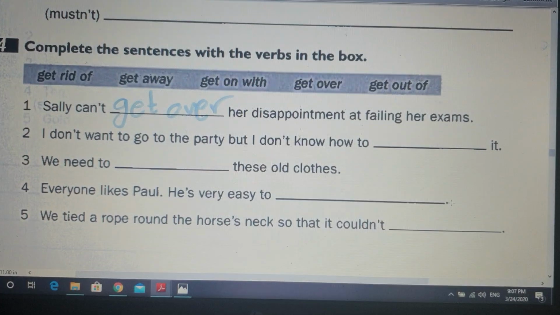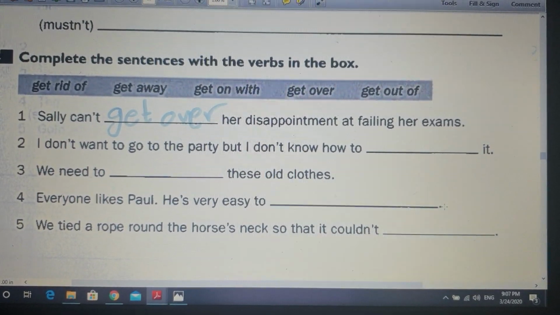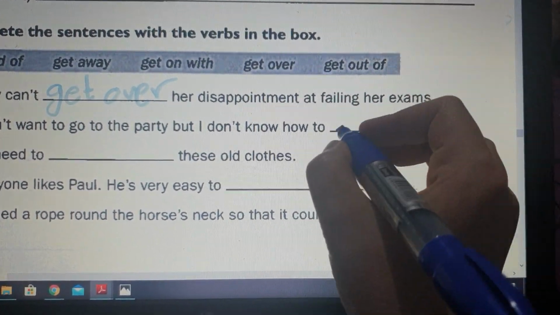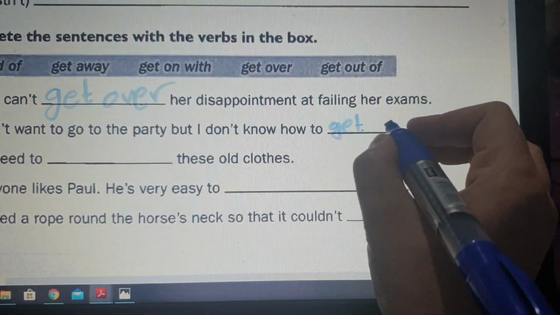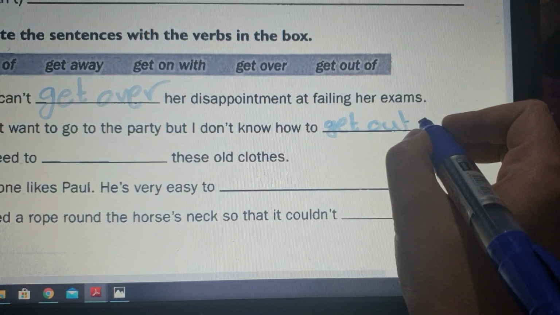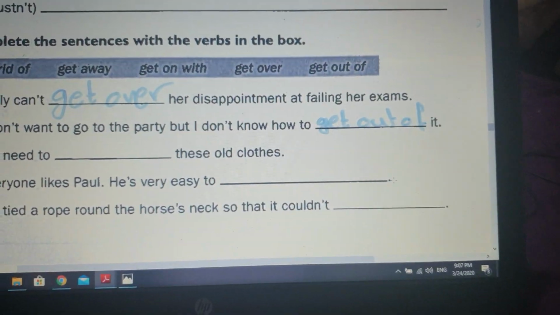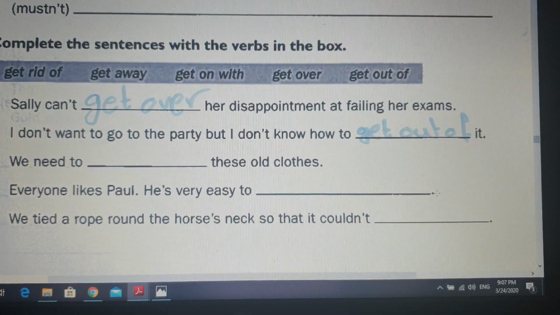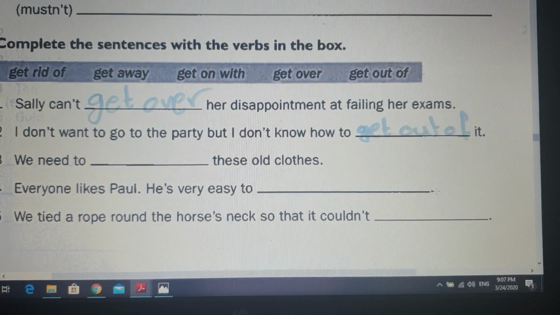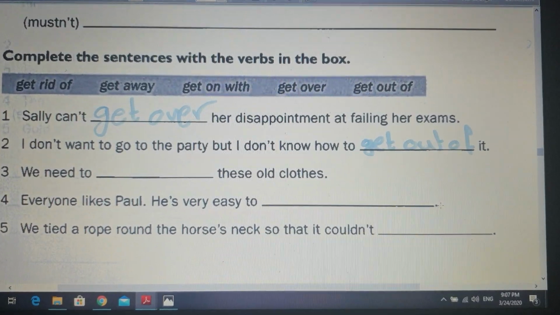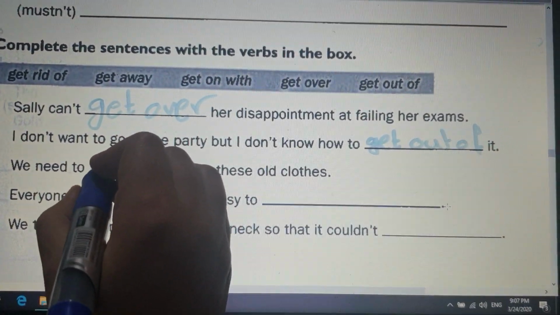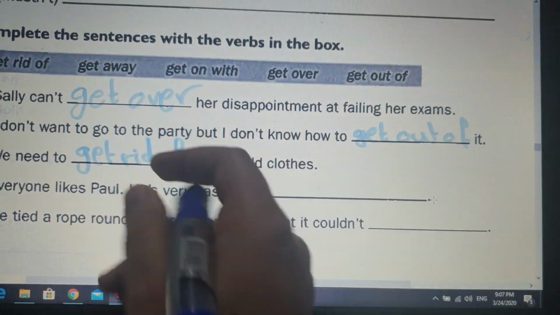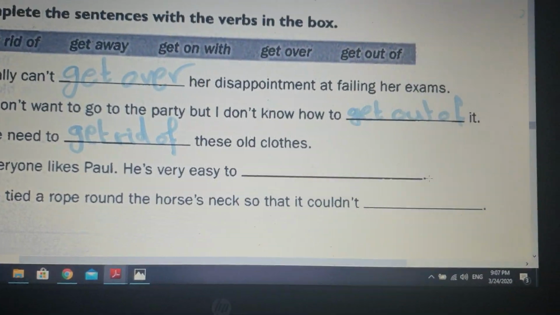Number 2, I don't want to go to the party, but I don't know how to get out of it. Number 3, we need to get rid of these old clothes, to remove these clothes or to dispose these clothes.